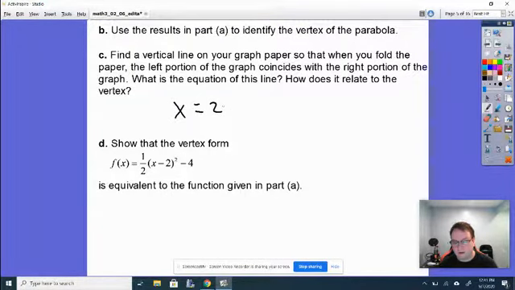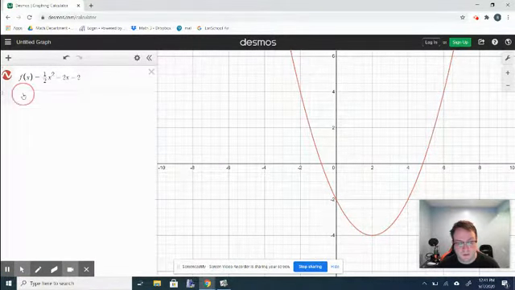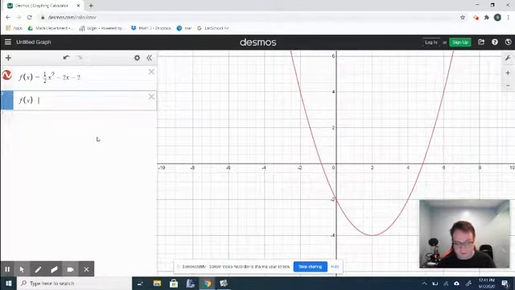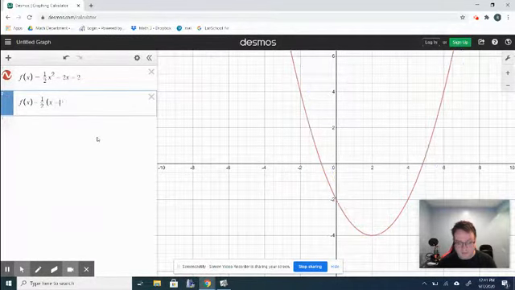Okay, and what this last one is saying is, remember that the vertex is here, and this is our a value. Let's double check that. Let's go back to Desmos, plug this second one in, see if it matches up. So that's what we're going to do. We're going to go back to Desmos, get rid of these points, we don't need them anymore, and we're going to type in f of x equals 1 divided by 2, and then x minus 2.